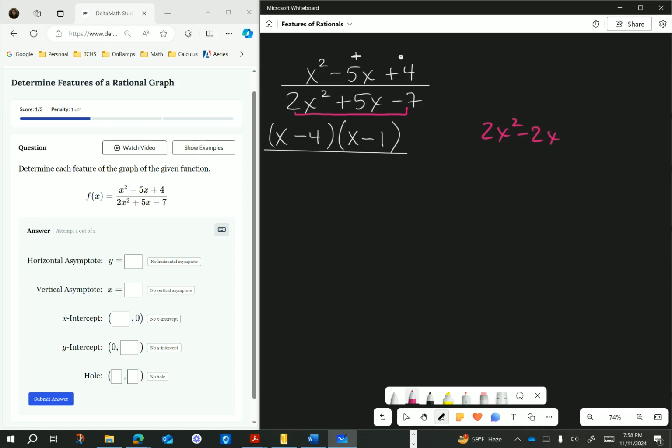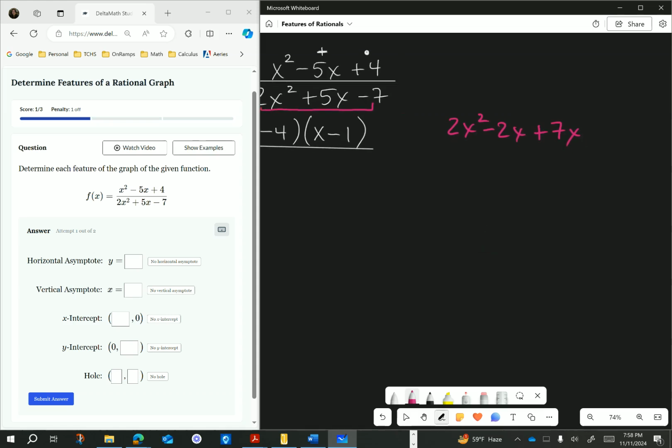That will be -2x, positive 7x, and -7. So what times what gave me -14 that at the same time gave me 5? I'm using -2 times 7. So that's where I got this right here.